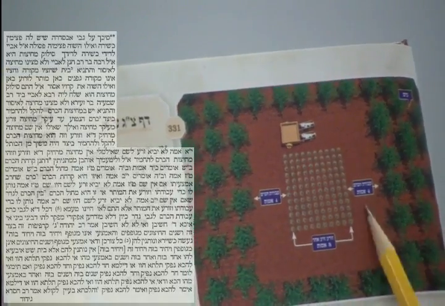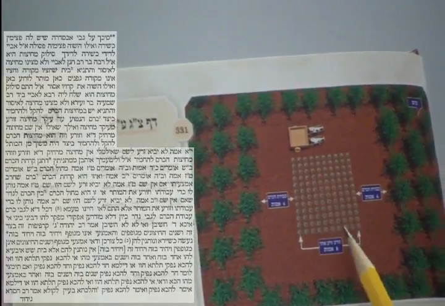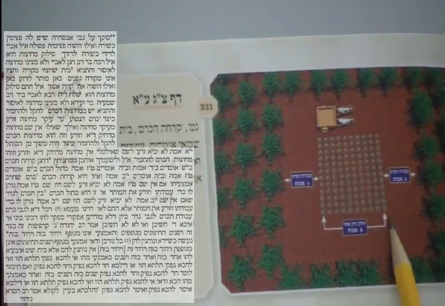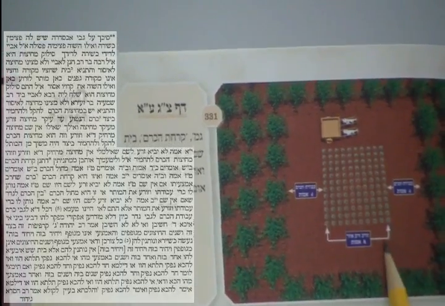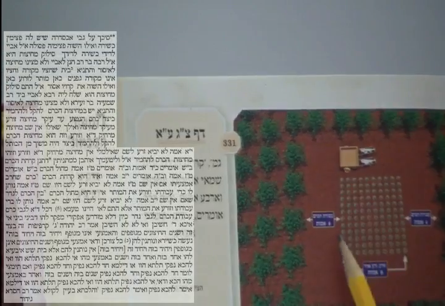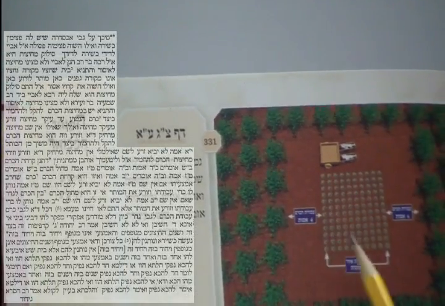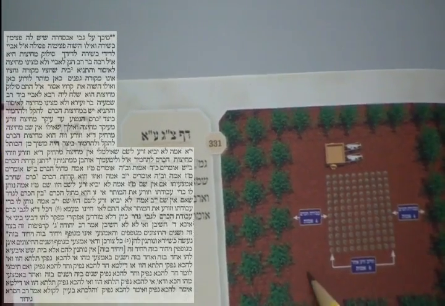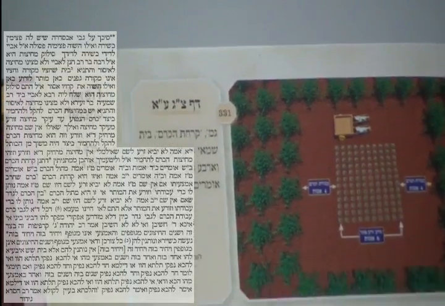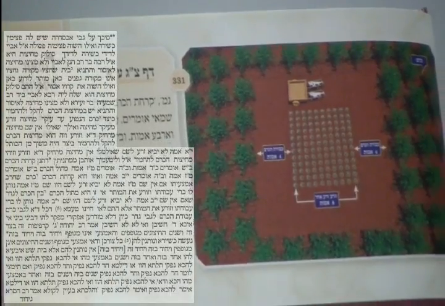So this one is basically according to Beit Hillel, as we said, because look, they sow the seeds here, which is 8 cubits. You have another 4 here, 4 cubits and 4 cubits. So now all together, if you measure the whole size from one side to another, it's 16. That's according to Beit Hillel.